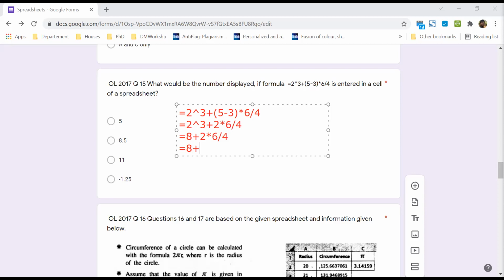So we can say 8 plus 2 into 6, that is 12 divided by 4. Right? So then 8 plus, then the division, 12 divided by 4, that is 3. So you should get 11. Right? Again, this is a good question, and most of you got the correct answer as well.